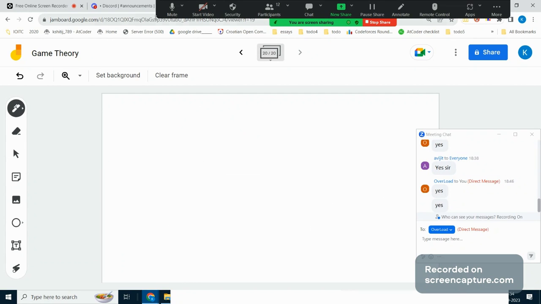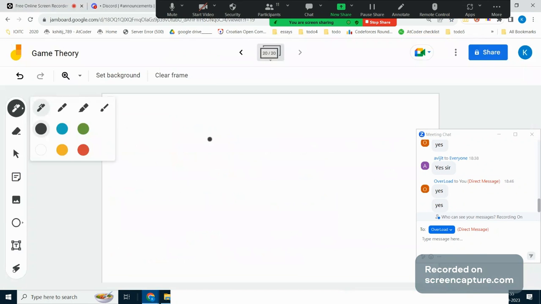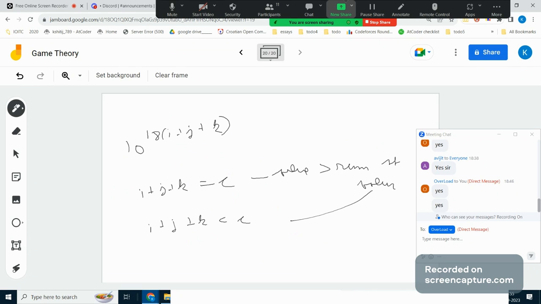Okay, now I will tell the greedy brute force solution. In the brute force solution, notice that the weights are 10 to the power 18(i + j + k). If i + j + k says c, and we take all the vertices with i + j + k less than c, the value here will be greater than the sum of values here.